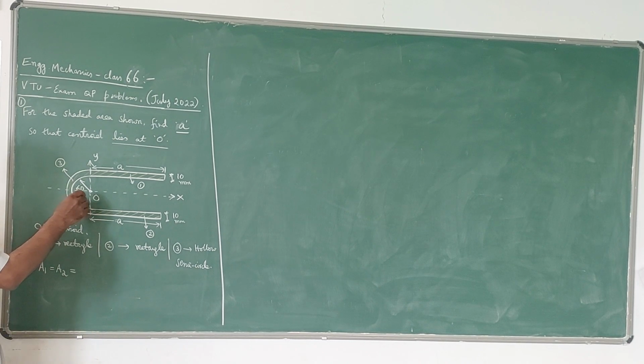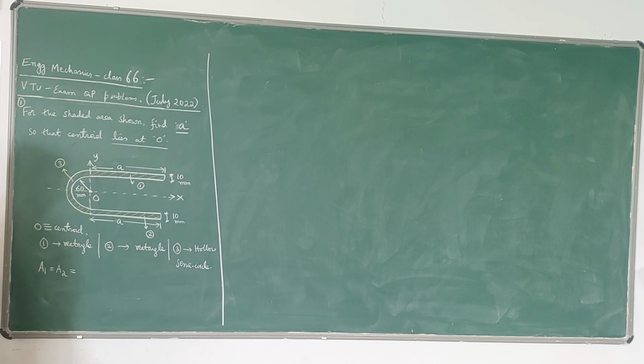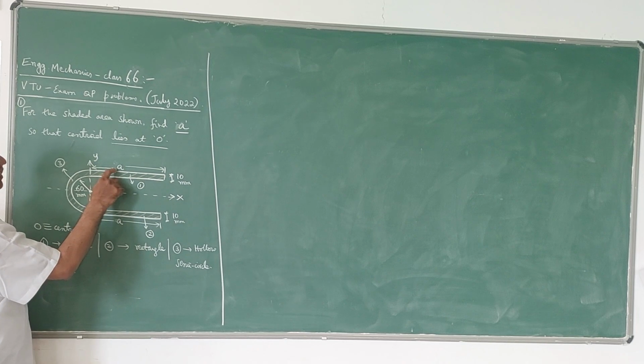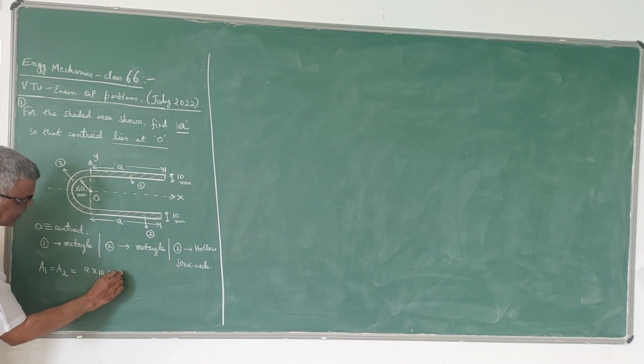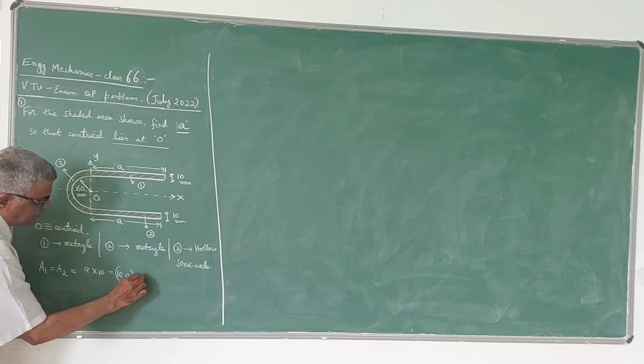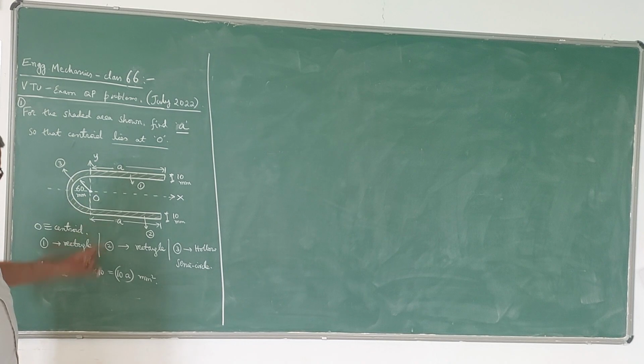Here, since O is the centroid he has given, it lies on the y-axis also. So the area of this rectangle is A into 10. Let us take A in millimeters. So this is 10 times A millimeter square. This is the area of A1 and A2 both.